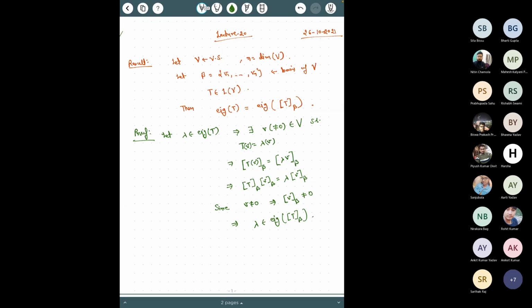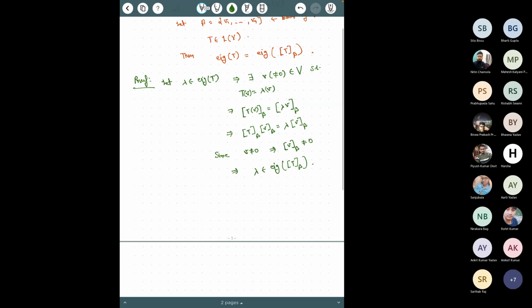How about the other side? Conversely, let us now suppose that lambda is an eigenvalue of the matrix of T. Since lambda is an eigenvalue, what does it mean? The matrix of T is of size n cross n, where the entries of this matrix come from the field.